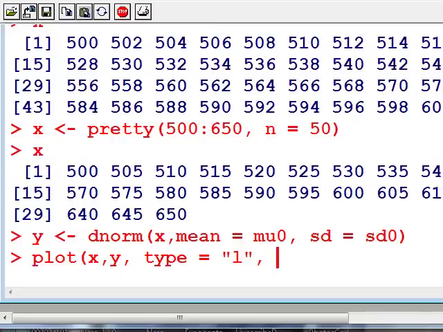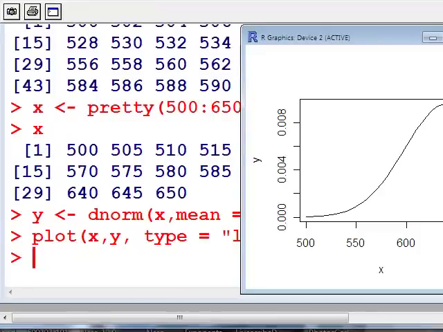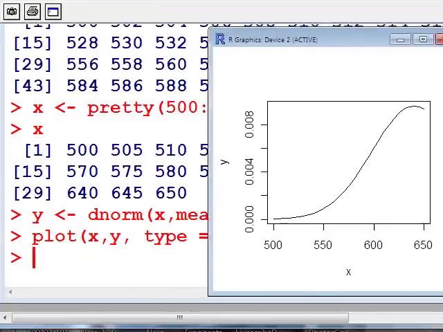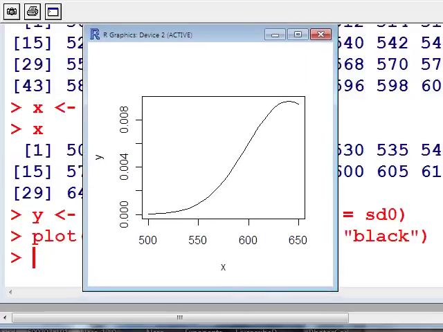That's little lowercase letter L for line, and we'll give it a color because it's going to be the curve. Okay, and let me move that curve over into the region here, and there's our curve. I didn't give any labels to it, and that's okay. It's going from 500 up to 650, and so the mean is captured in here, and we'll be able to put our critical values on.